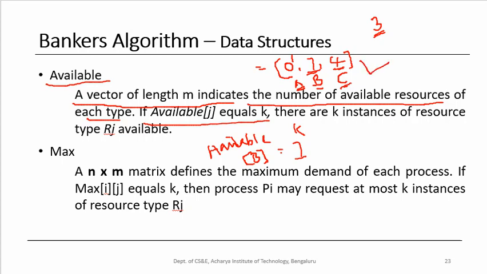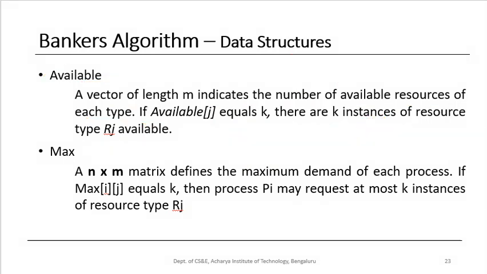So according to this example, that's what I have told here. If available of j is equal to k, there are k instances of resource type Rj. So in this case, available of B is equal to 7 means there are 7 instances of resource type B. That is available. The next data structure that is used by this algorithm is max.